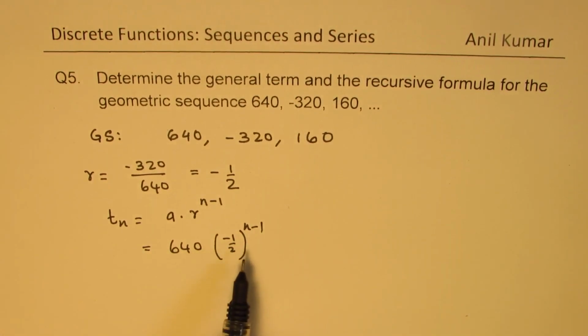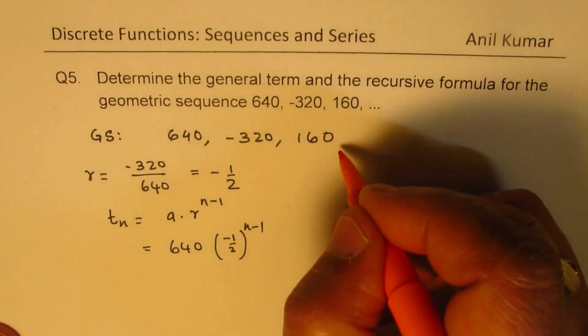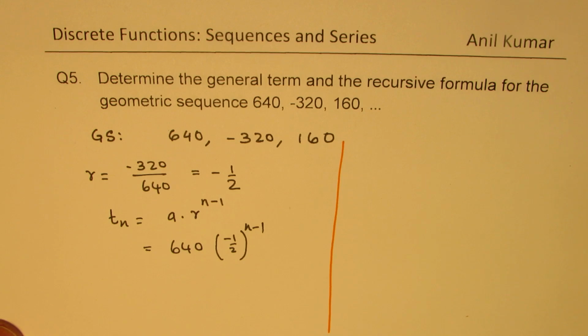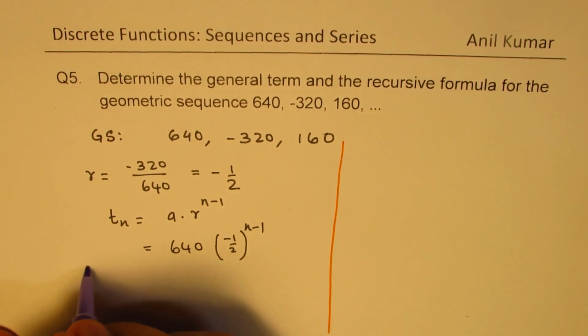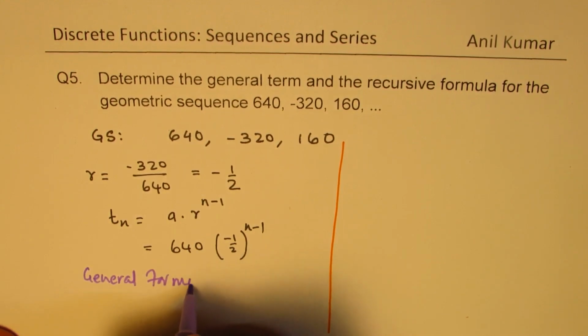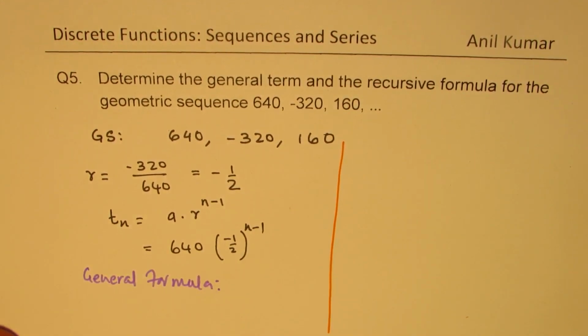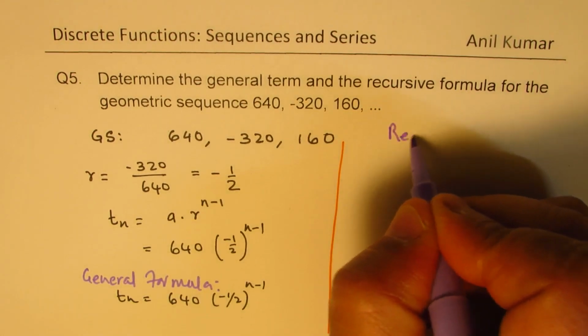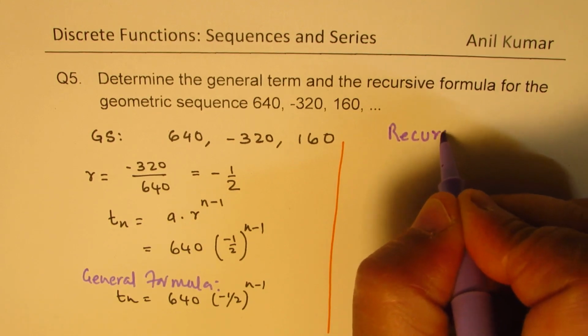So that becomes your general formula, Tn equals a times r, which is minus half, to the power of n minus 1. And the recursive formula is in terms of previous terms, right?